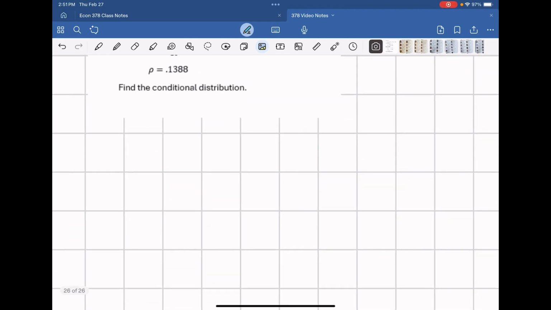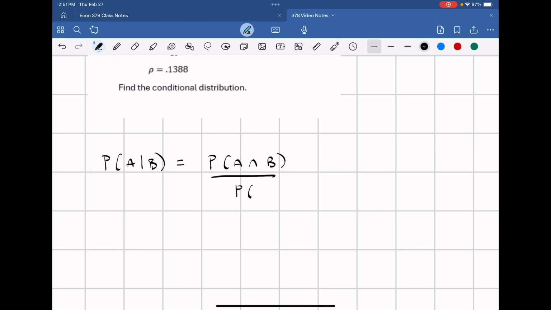When we think of the conditional distribution, we're going to think of Bayes' law. That tells us that the probability of A conditioned on B is equal to the probability of A and B divided by the probability of B. In the case of two continuous variables, one way to think about this is simply the joint distribution divided by the marginal distribution.